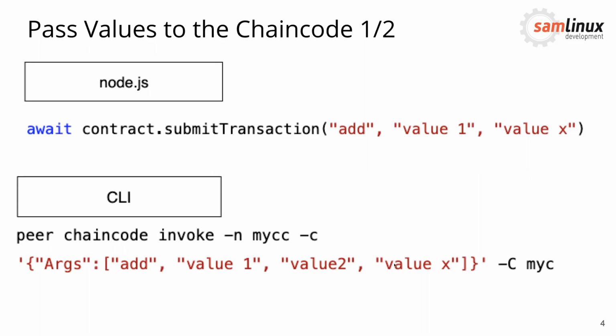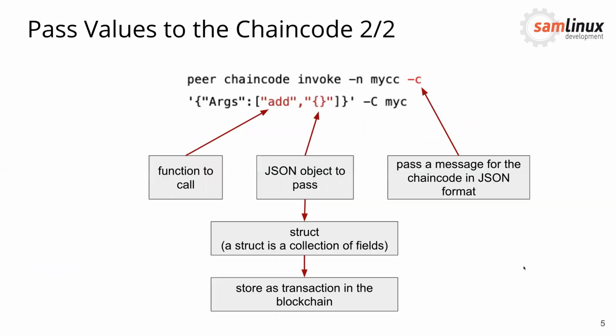Also here in the Node.js part, when we use the contract submit transaction function, we also have to pass all variables in this string array to the Chaincode. That was the problem. But as we have seen, this is a JSON object, and I have modified this in a way that we can use only one parameter here.